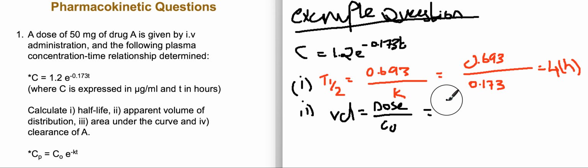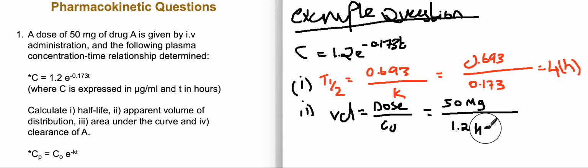So what you would do is simply 50 milligrams divided by 1.2 micrograms per milliliter. Now we need to be a bit careful here, because this is given in micrograms and this is in milligrams.